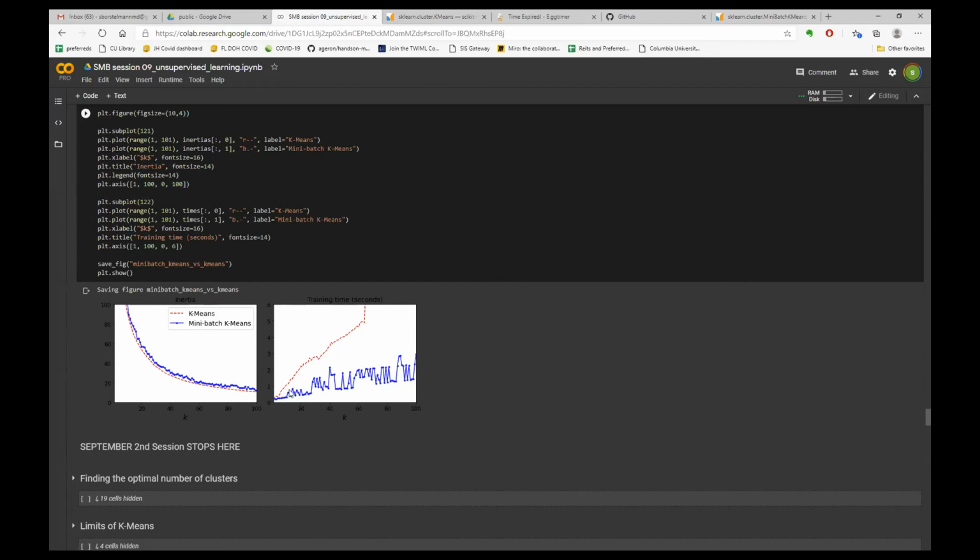Obviously training time increases substantially with the number of Ks, and in mini batch it's a much lower linear increase. So that's basically most of what I got for you today.